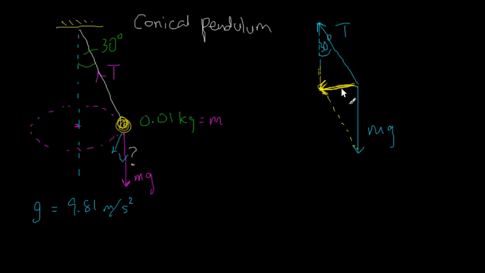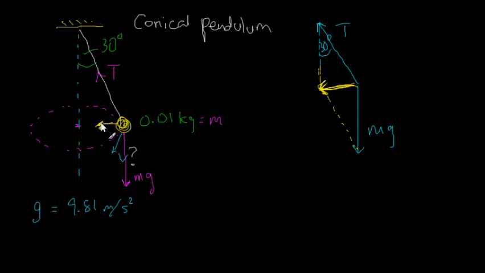So let's now look at this resultant and think about what it means if it is the centripetal force. This resultant has to be the centripetal force, so it must point towards the center. Now we understand that the centripetal force is not an additional third force to the tension and the weight.